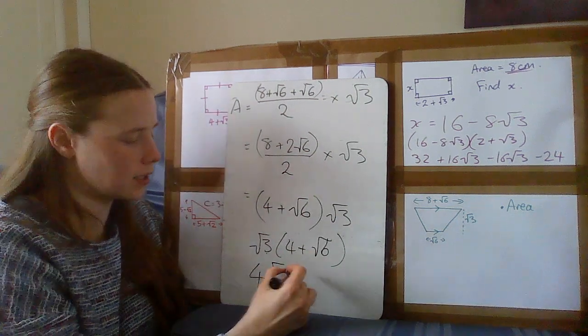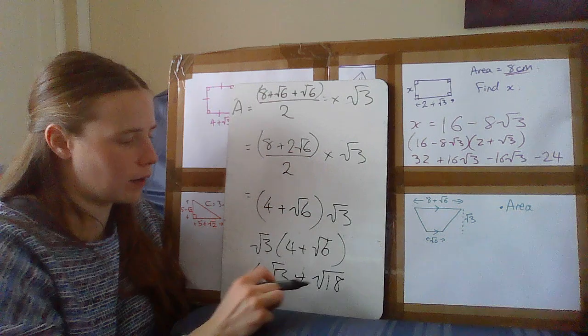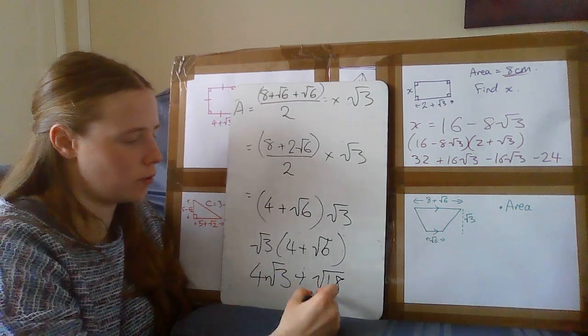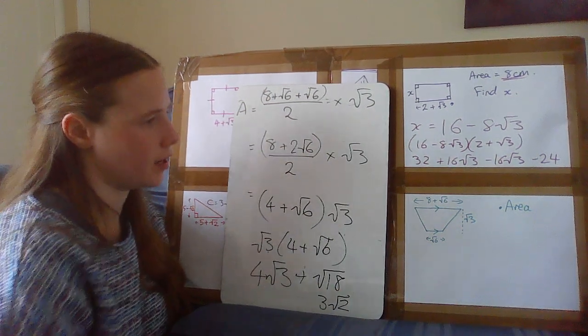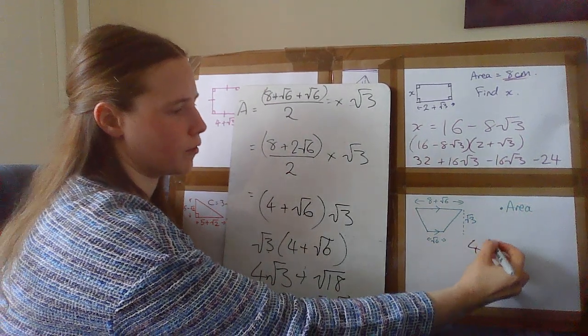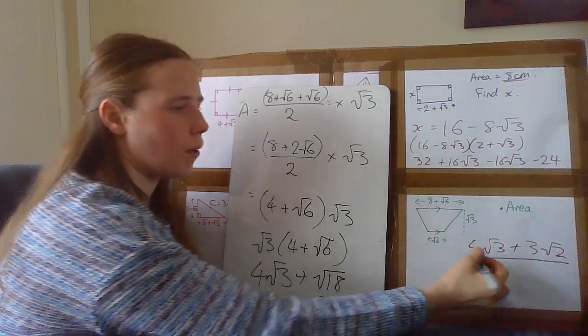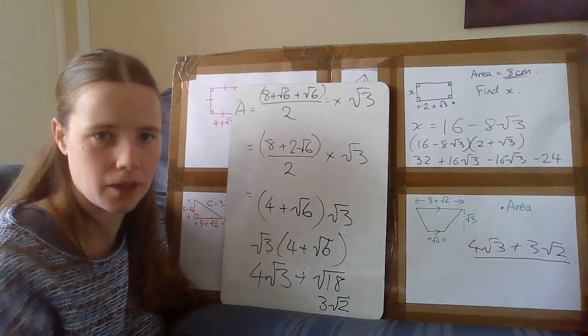Root 3 times root 6 is root 18. You can just times them together. Now, root 18 can be simplified to root 9 times root 2, or 3 root 2. So my answer for this one is going to be 4 root 3 plus 3 root 2. Always make sure you simplify as far as you can with these questions.